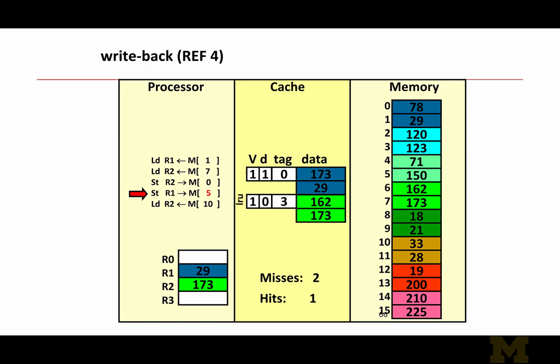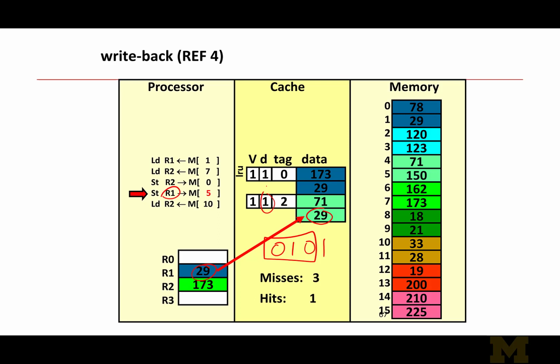I have to store to an address 5. Address 5 happens to be a new block, so if you remember, the tag is 2, which was not there, so I brought the block in, and then I have to write the value R1, which is 29, and I updated it, and after I updated it I set my dirty bit as well.